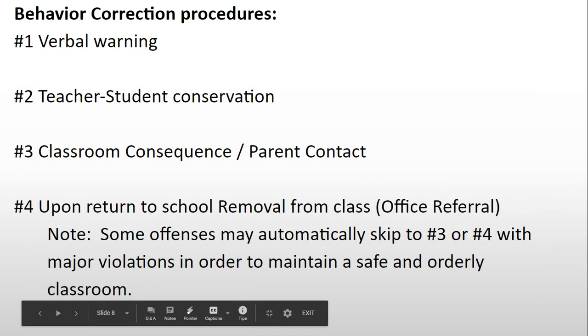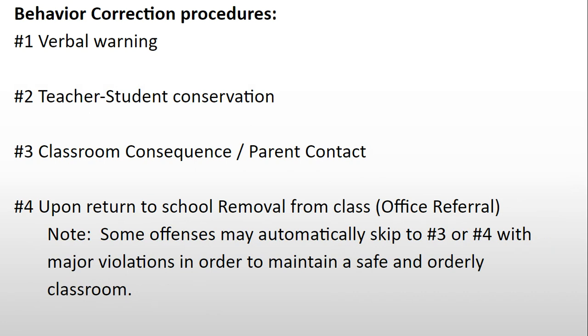Behavior correction procedures. Here's what we're going to use. Verbal warning first. 2 is the student-teacher conversation. 3 is the classroom consequence or parent contact. And then 4, upon return to school, will be removal from class. Some offenses may skip to 3 or 4 with major violations in order to maintain a safe and orderly classroom.